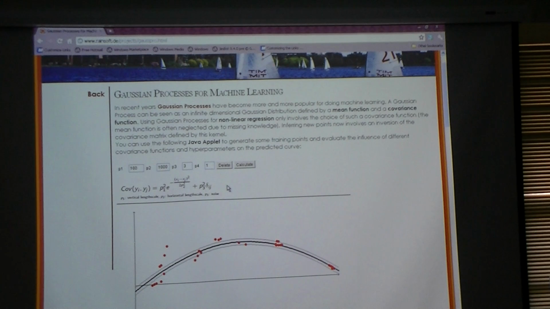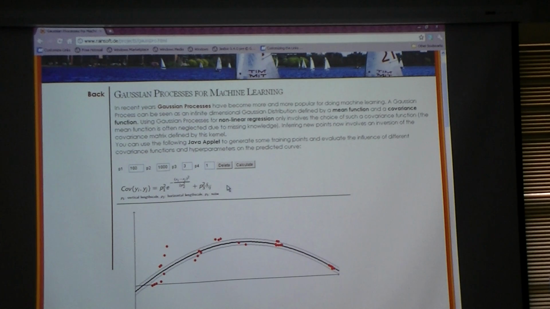But what if your input is a graph, which doesn't necessarily have the same structure? One may have 1,000 nodes, another may have 1 node. Or maybe your input is a string, a text. If you want to say whether this news is close to that news, they have different lengths. How do you measure the similarity? So there are different kernels for it.